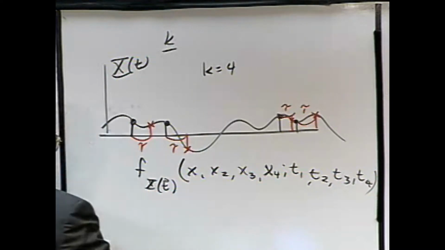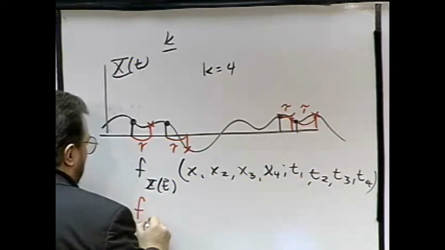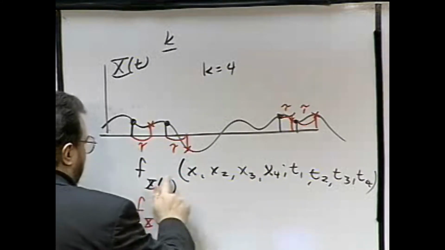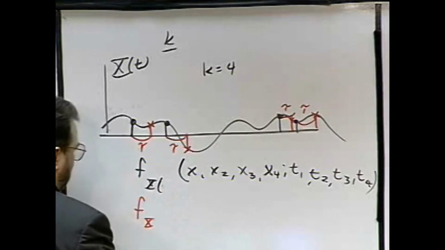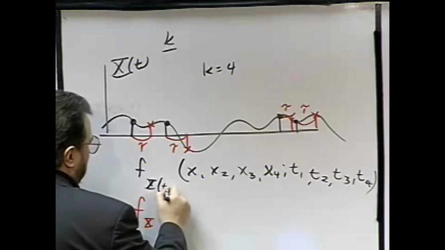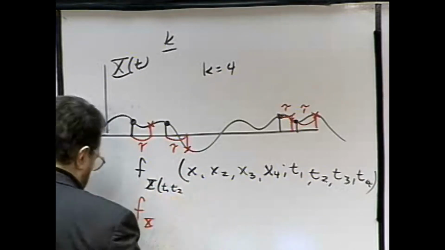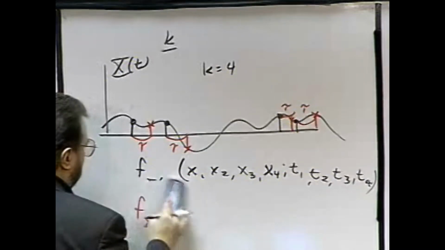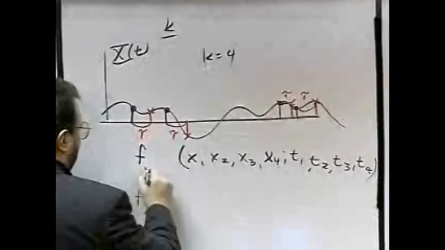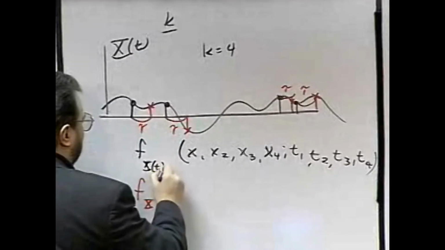So the new points are f sub x of, let me be explicit here. Unfortunately, being explicit also means being obtuse.